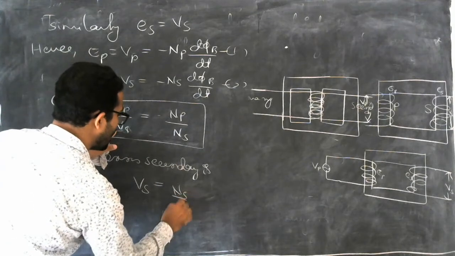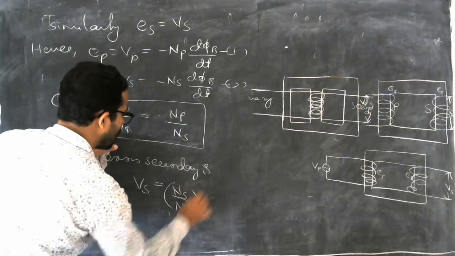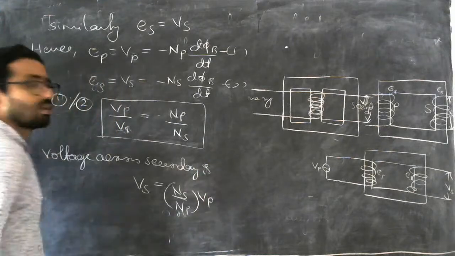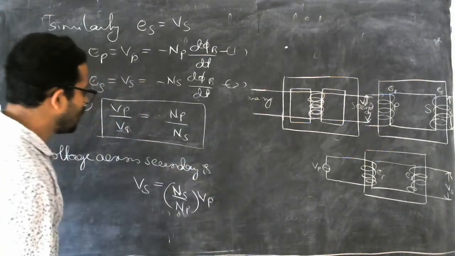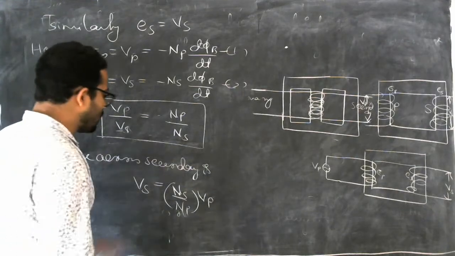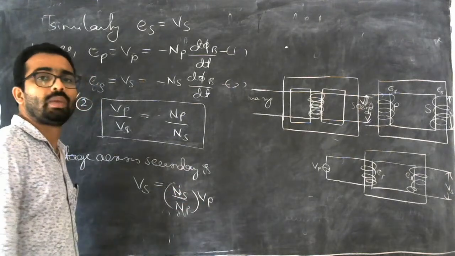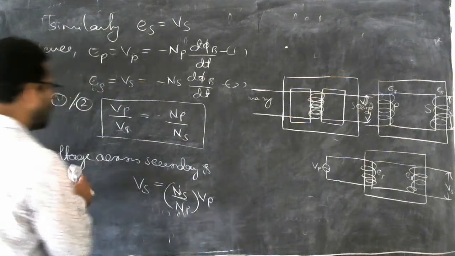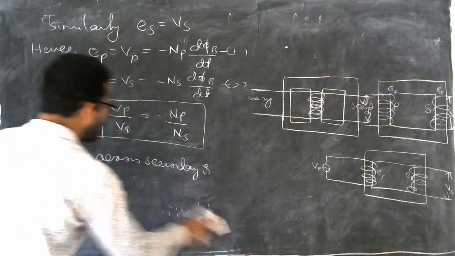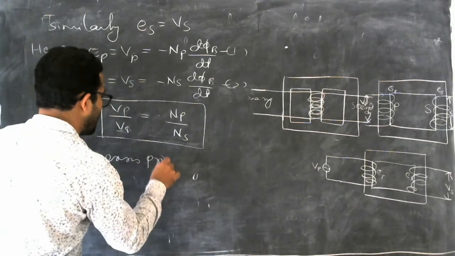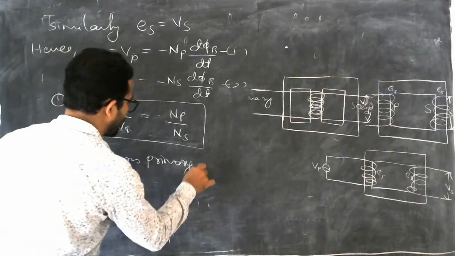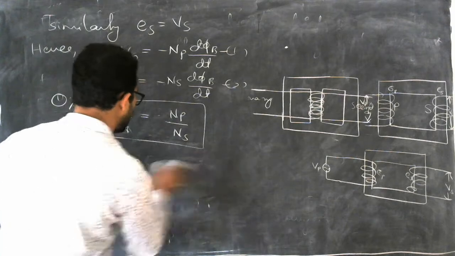So NS by NP into VP. Now VS is equal to NS by NP into VP. Or you can write another one also. Both are correct. Let me write voltage across primary.